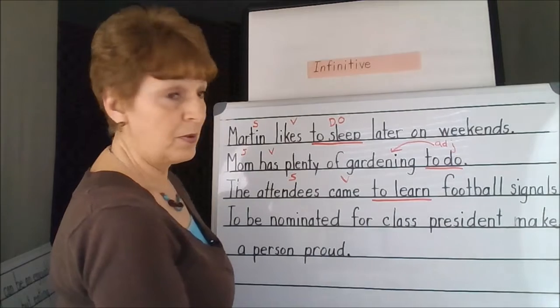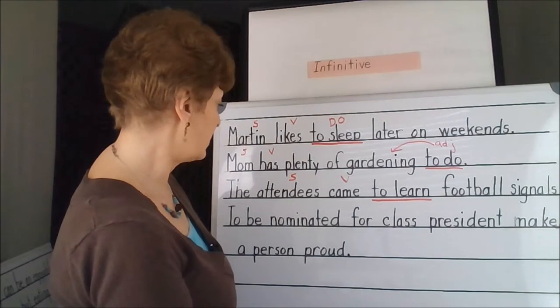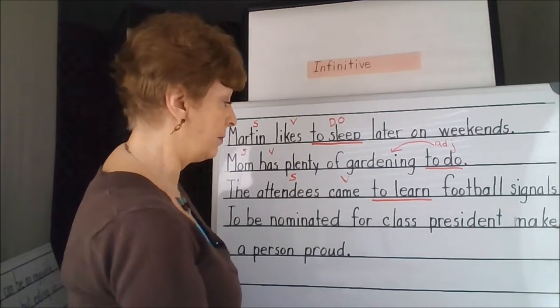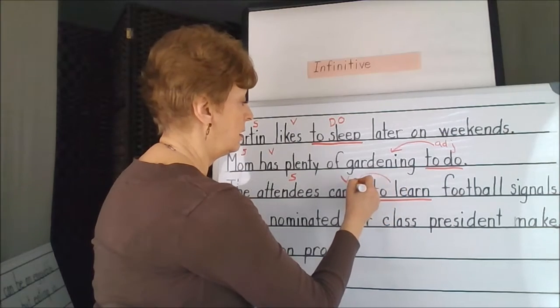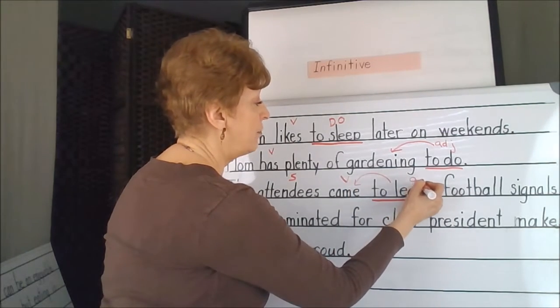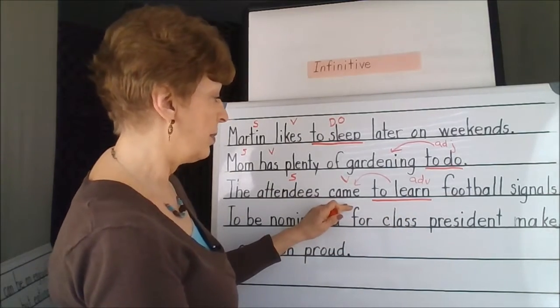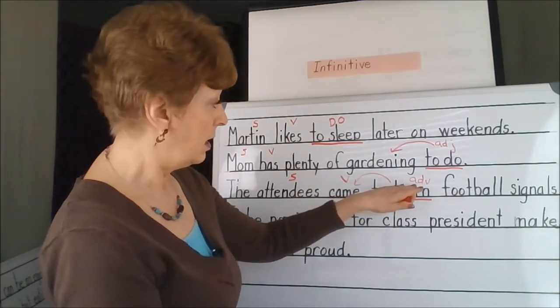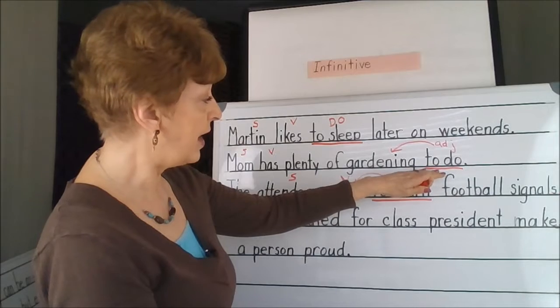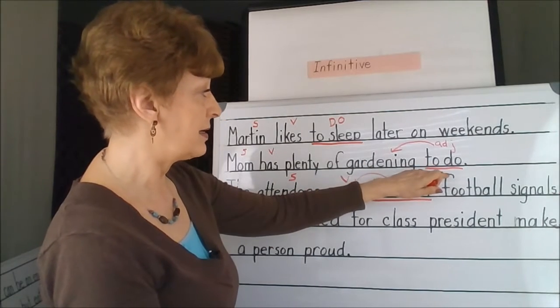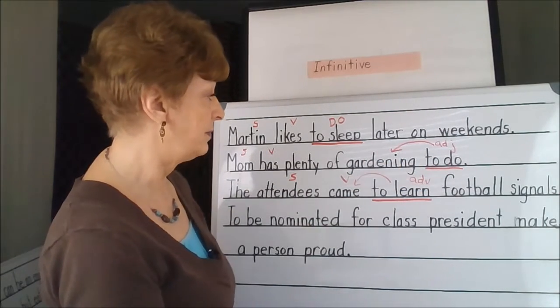What was it that was happening in the sentence? The attendees came to learn. That is an adverb. If something modifies a verb, it's an adverb. If it modifies a noun, it is an adjective.